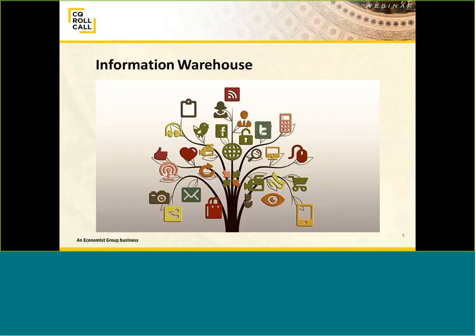The first being having an information warehouse or a central portal. This can be a government relations section of a website or an advocacy tool platform. At the Motorcyclist Association, we called it an advocacy center, and it was a repository for federal, state, and local legislative and regulatory action.